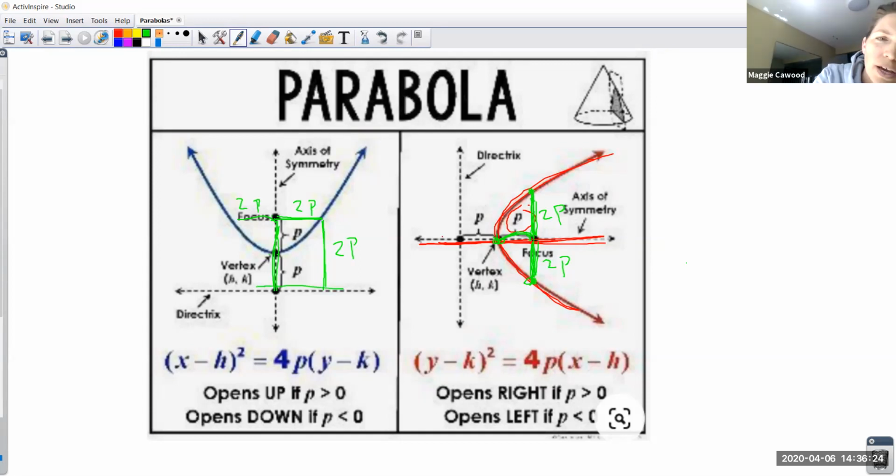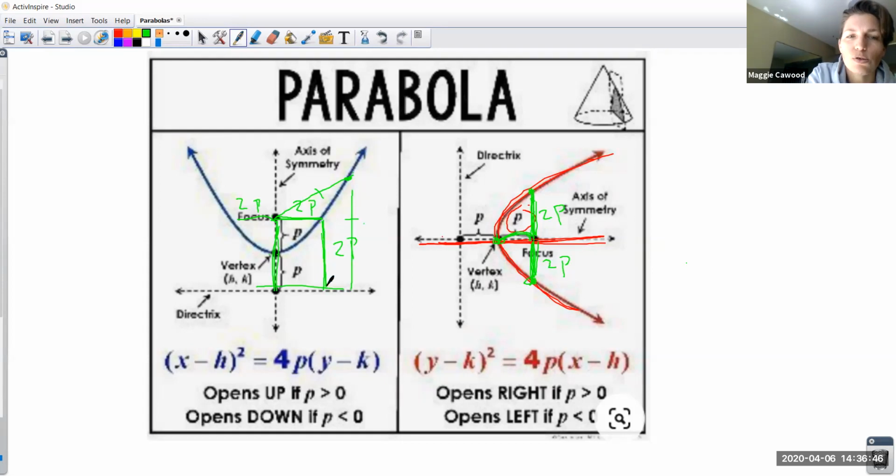So no matter where I am, if I click on this point right here, sorry, my pen is not working very well. If I click on that point right there and I draw a line from the focus there and from that point down to the directrix, these 2 lines are an equal distance. This is not drawn to scale, so it doesn't look like they are the same, but they are the same.